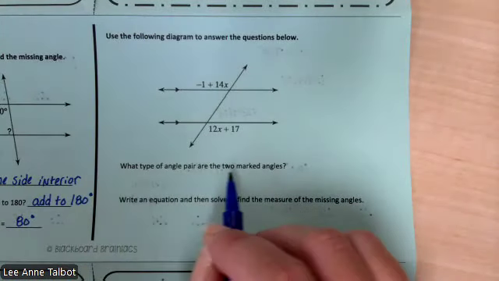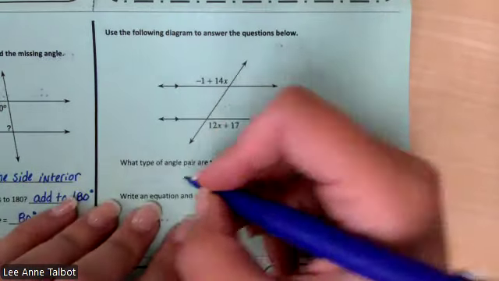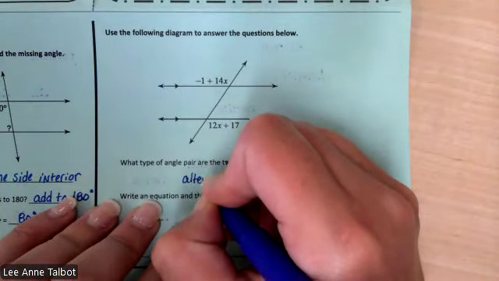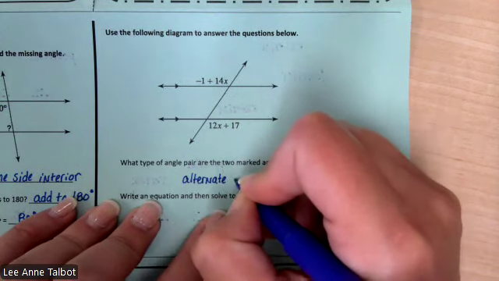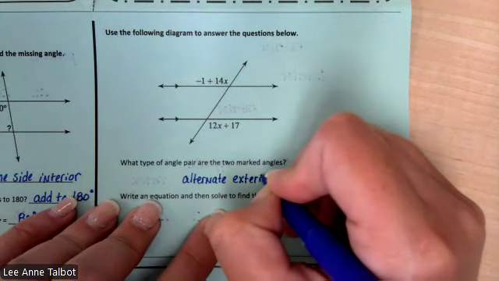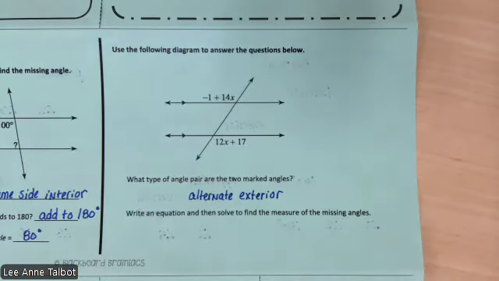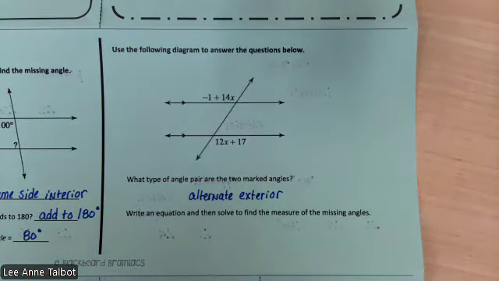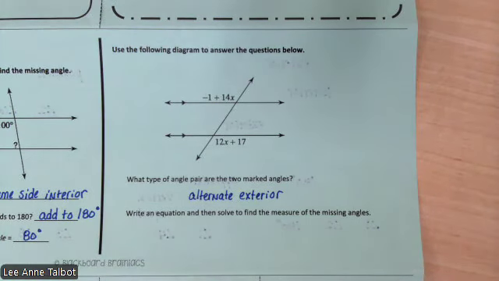Okay. What type of angle pair are the two marked angles? Nice. Write an equation and then solve to find the measure of the missing angles. Okay, alternate exteriors are equal.